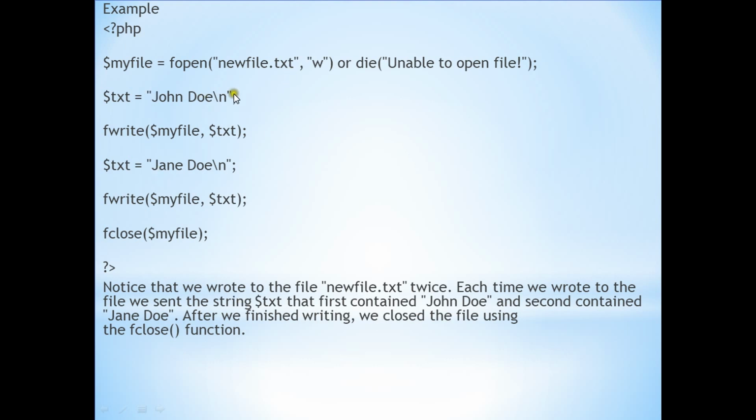Each time we wrote to the file, we sent the string $txt: the first contained John Doe and the second contained Jane Doe. So first one is this and second one is this. After we finish writing, we close the file using the fclose function.